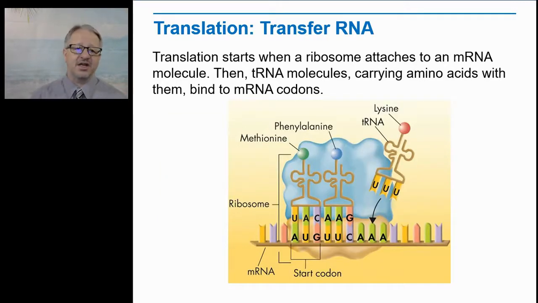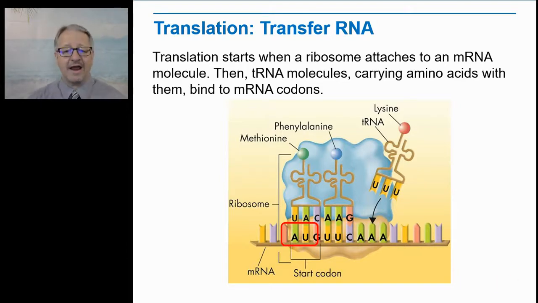So translation starts when the ribosome actually attaches to one of those mRNA molecules in the cytoplasm. And again, just like we talked about, it initiates at the AUG codon, the start codon. And in this illustration, you see it right there, AUG, a little off center, but you get the idea.